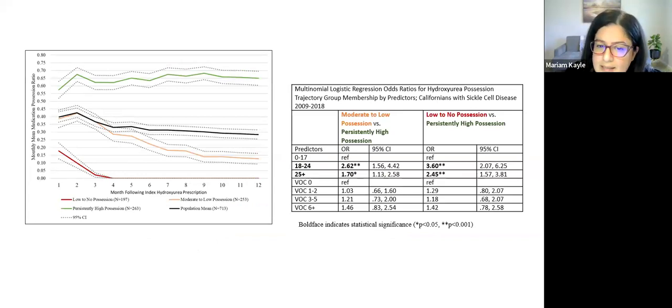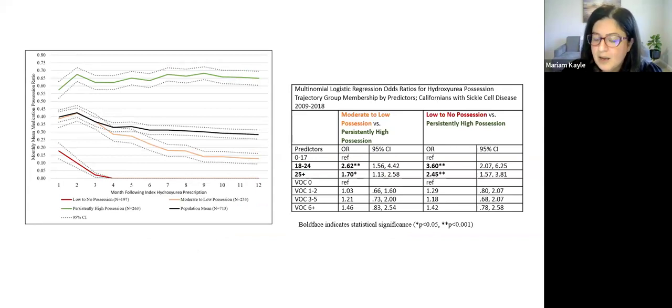The one that came back significant in the model was age group. So pediatric patients were more likely to be in this high adherence group. And that's not surprising from a clinical perspective, because usually it's the parents that follow up on prescription fills. And so again, it tells us there's some disconnect with the young adult and adult population.